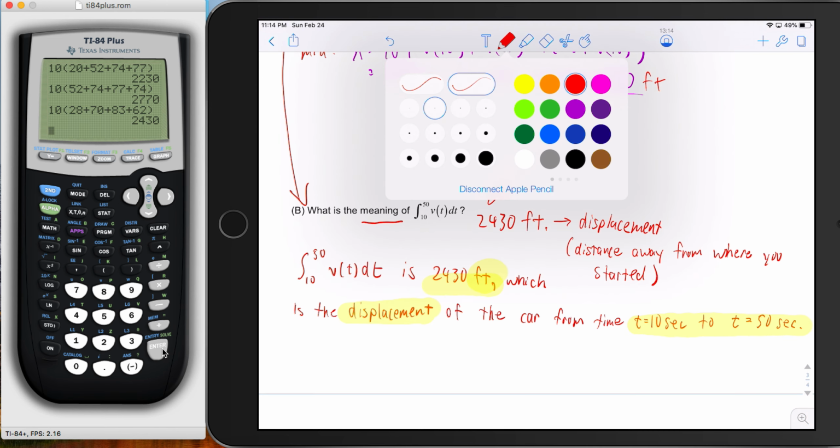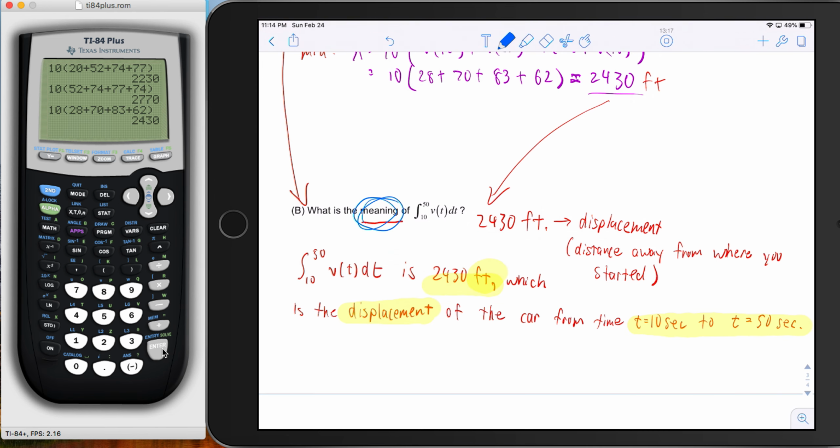Whenever they're asking for the meaning of something, you gotta have 1, 2, 3. Okay, the actual units and the value, the actual meaning, like what the integral represents, and finally the time aspect.